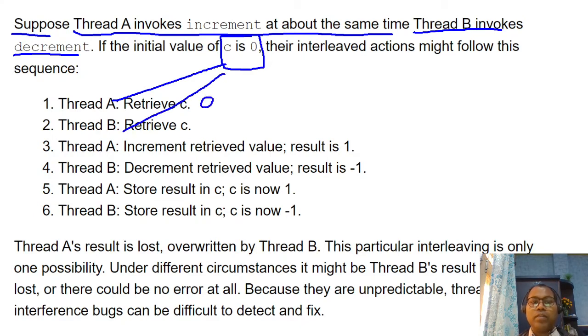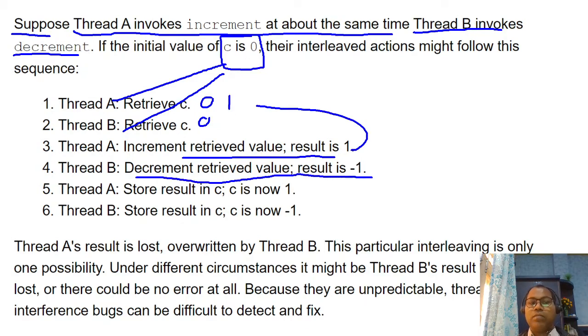Thread B also retrieves value 0. Now thread A increments it to 1. Then B decrements, meaning it had read 0, so it decrements 0 to -1. Now thread A is going to store its value, which is 1.